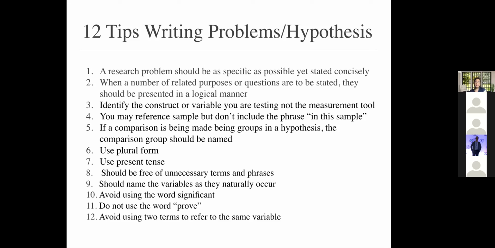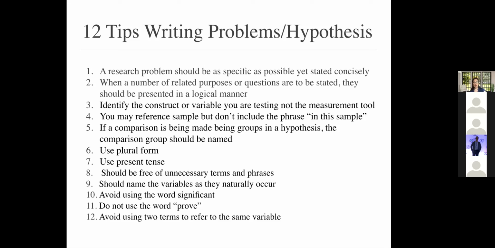And then identify the construct or variable you're testing, not the measurement scale. So you don't say, for example, are there group differences in the mental health score, or the scores on SRQ or scores on DAS. That's not the way, right? So what is the construct? It's depression, for example. So are there differences in depression?